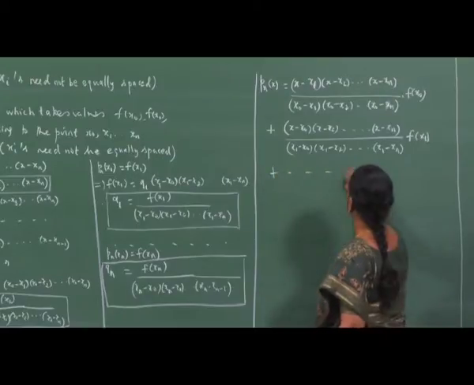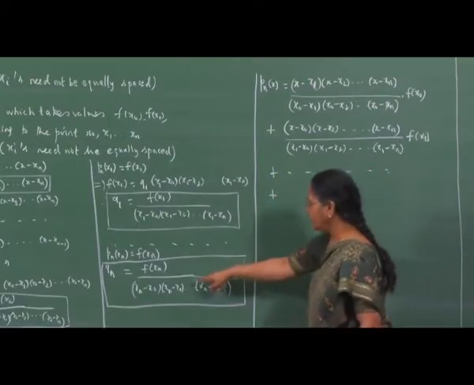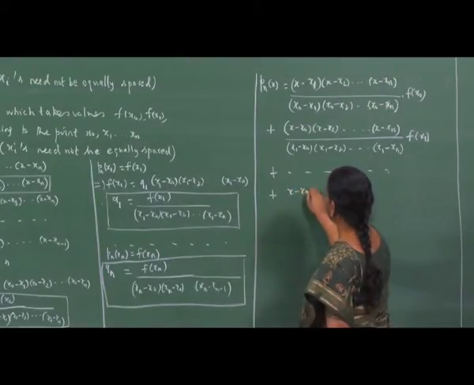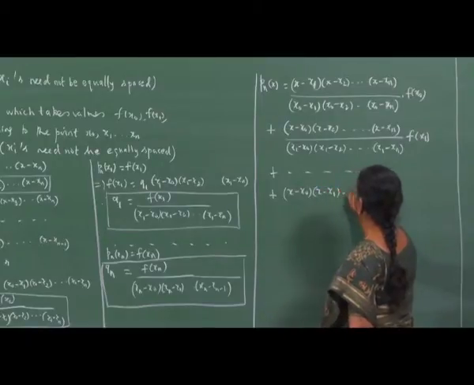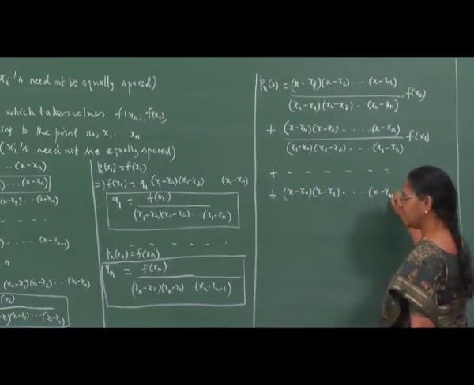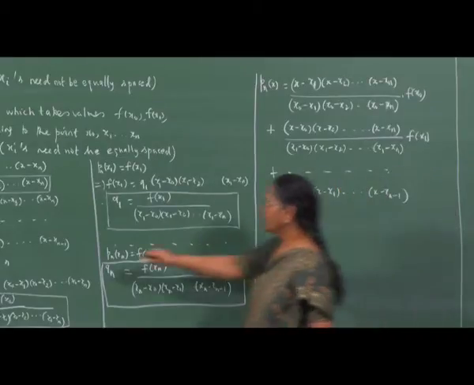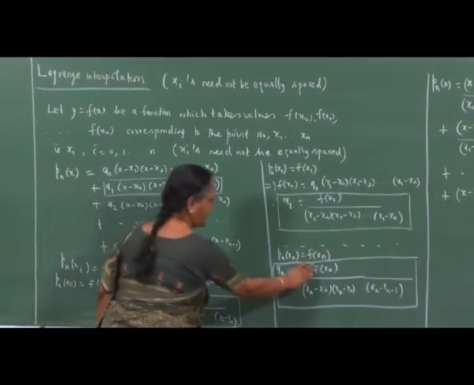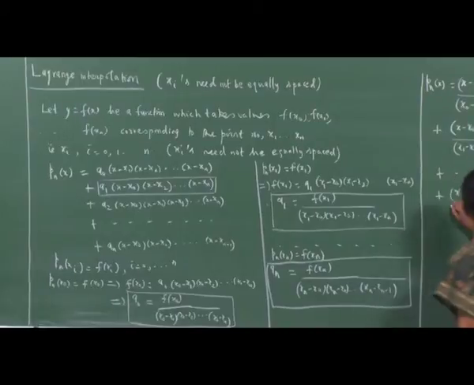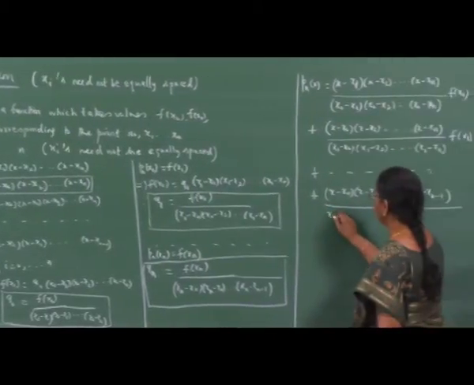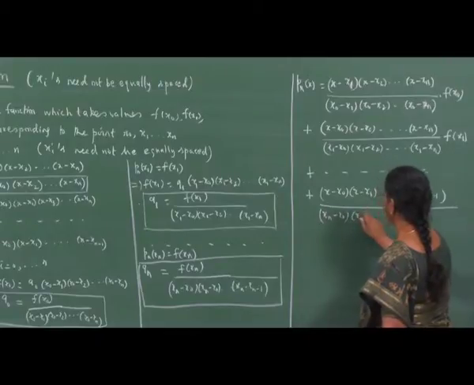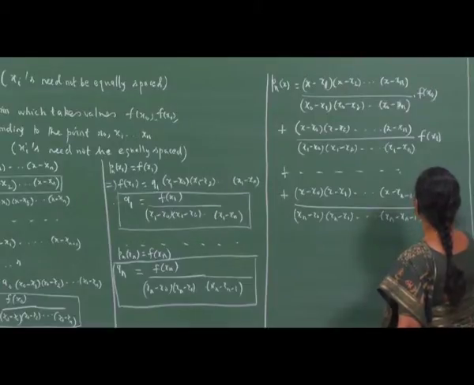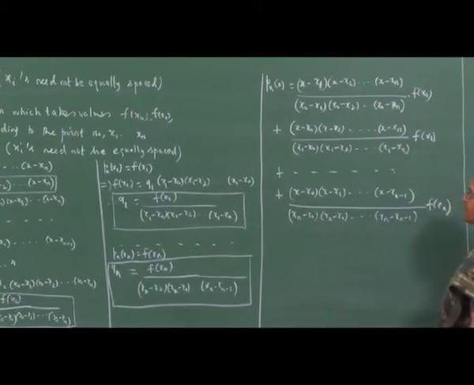And we write down the other terms, and finally, the term a n, which will be given by x minus x naught into x minus x 1 etc. up to x minus x n minus 1, which appears here, multiplied by a n, and a n has been obtained as this. So, we have x n minus x naught into x n minus x 1 etc. up to x n minus x n minus 1 multiplied by f of x n.